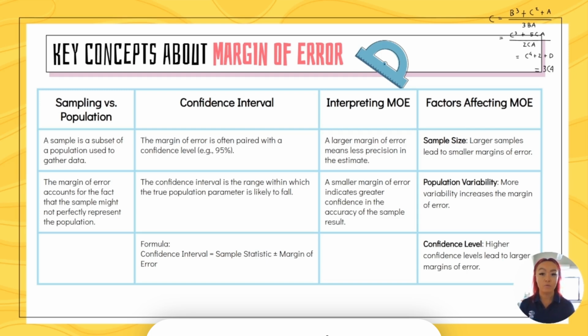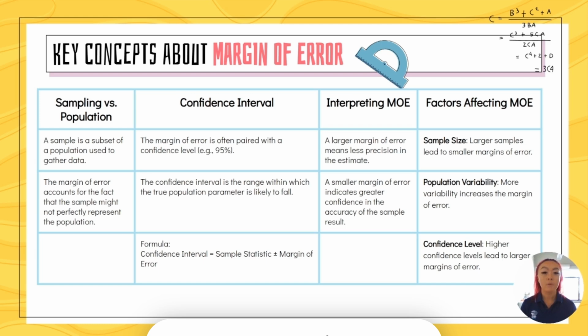The confidence interval. The margin of error is often paired with a confidence interval. That's usually expressed as a percentage range. And the formula that you need to know to calculate the confidence interval is the sample statistic plus or minus the margin of error, right? So we'll need to add the margin of error and subtract the margin of error.